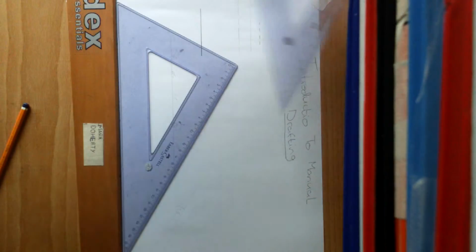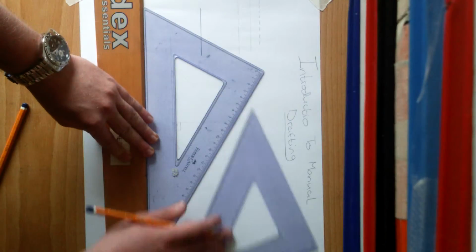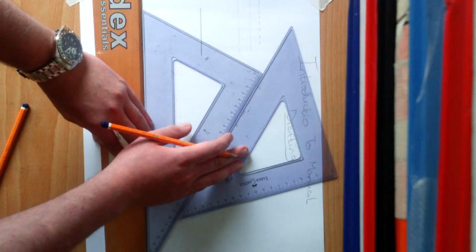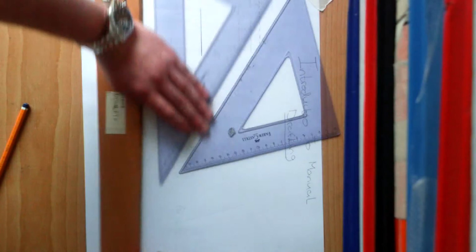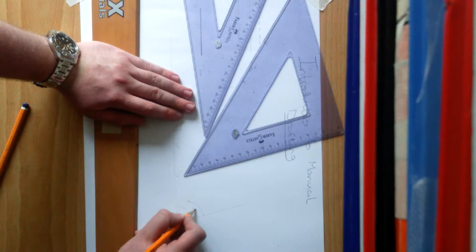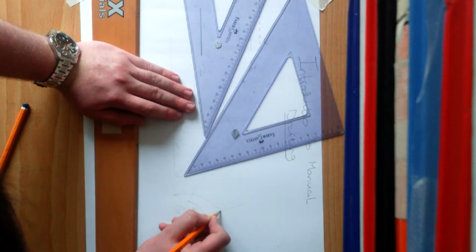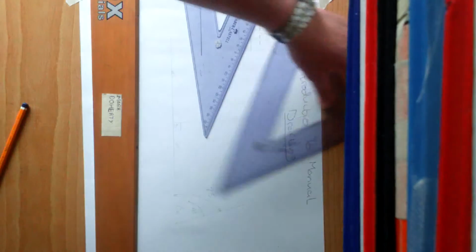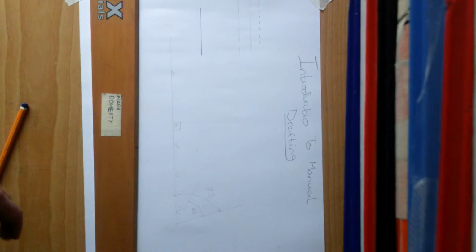We can also add on 45. So here's our angle 30 plus our angle of 45, and we get an angle from this line to this line, that gives this angle 75 degrees. So there's a wee tip if you're ever drawing an angle of 75 degrees.